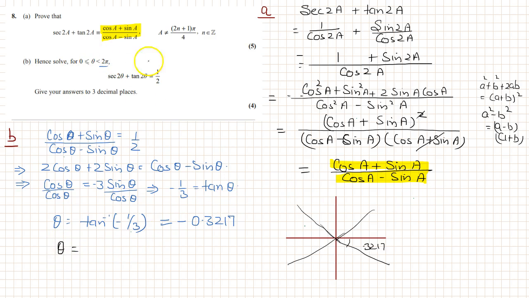So theta will be, our range is 0 to 2 pi. So A, S, T and C. So the answer should be negative. So first answer is this, that is pi minus 0.3217, which is 2.8198.